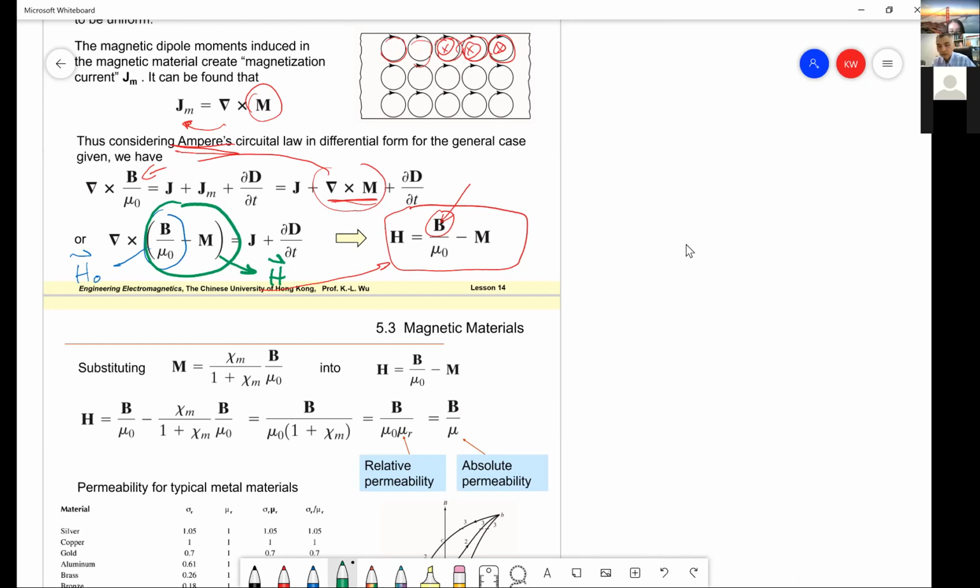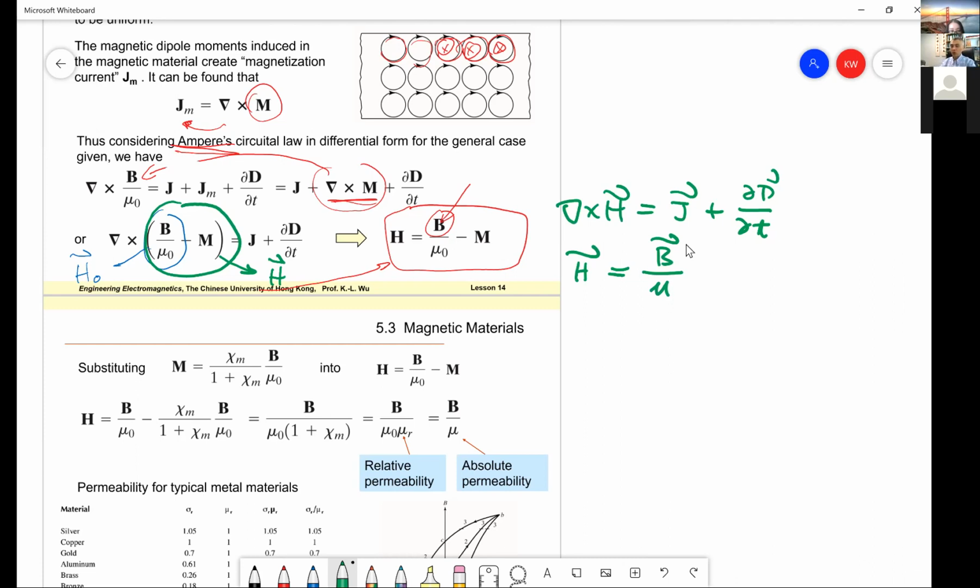So after having this, my new Ampere's law is clear, right? It's still in the same form as the original equation, but now I have to state that H must follow the constitutive relation with B. We know what B is, right?